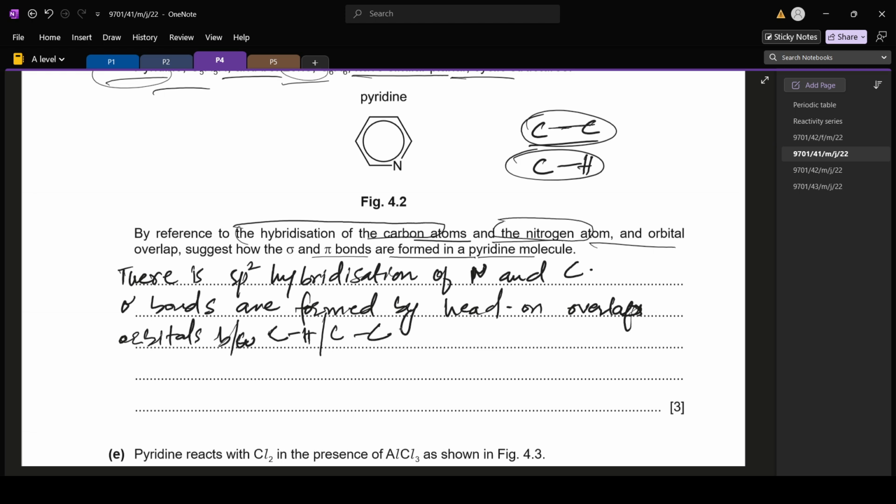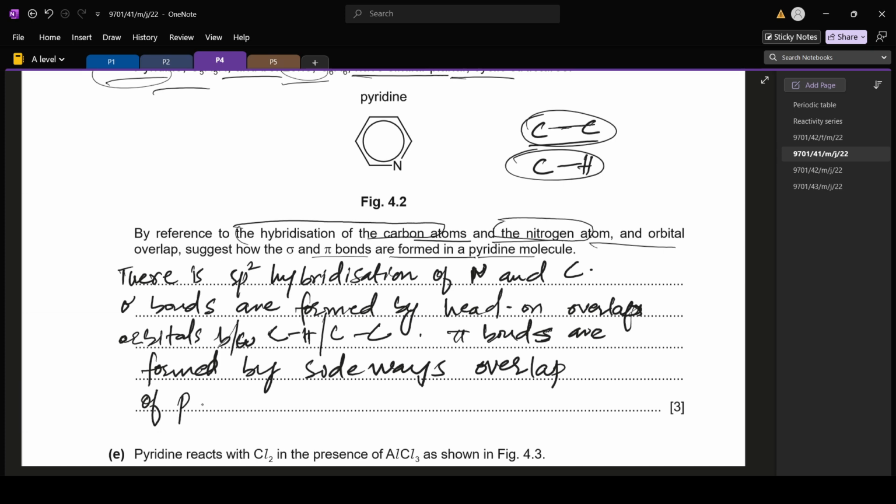Okay, and how are pi bonds formed? Pi bonds are formed by sideways overlap of p orbitals between the carbon and nitrogen double bond and the carbon carbon double bonds.